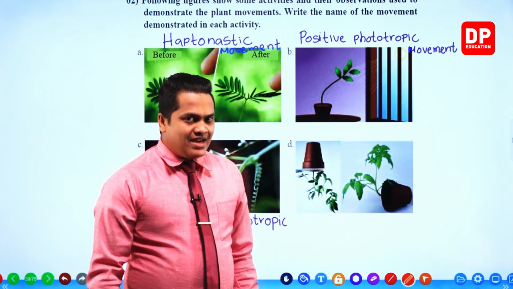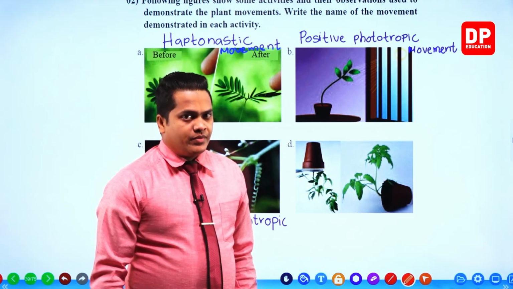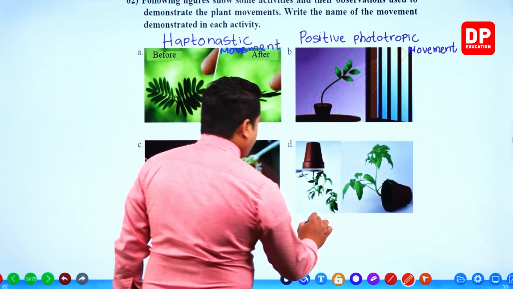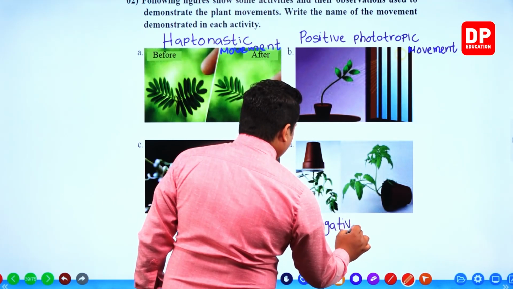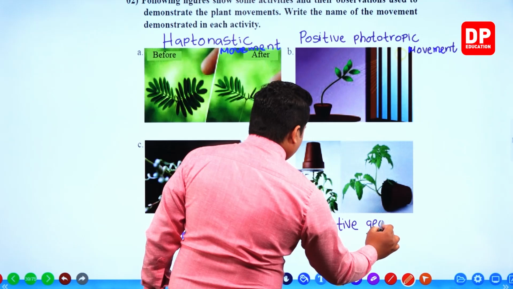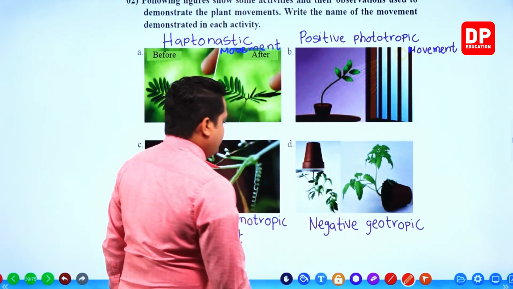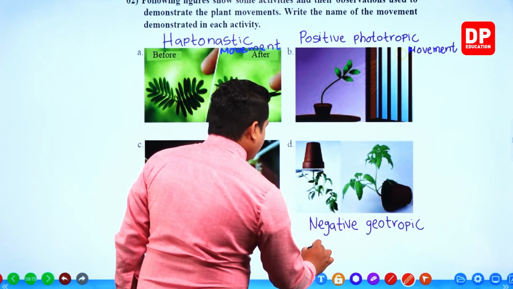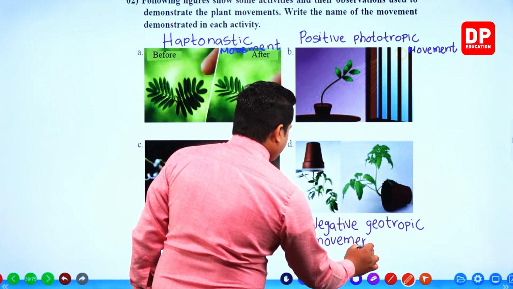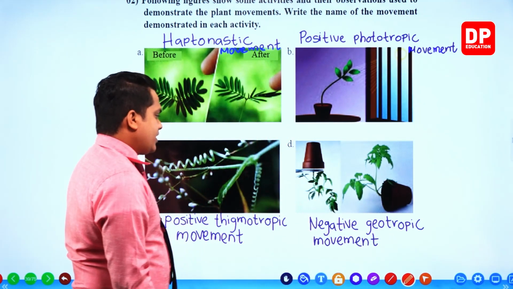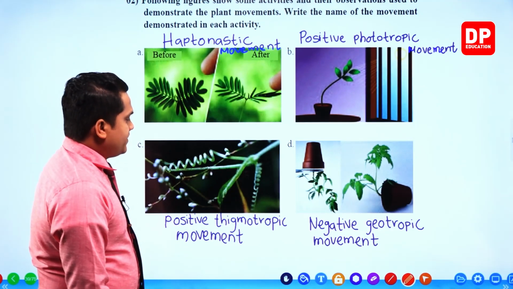So this is a negative geotrophic movement. Negative geotrophic movement. Right, so these are the answers, my dear children.